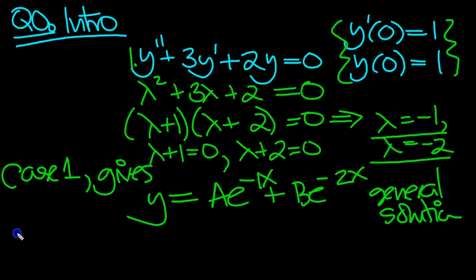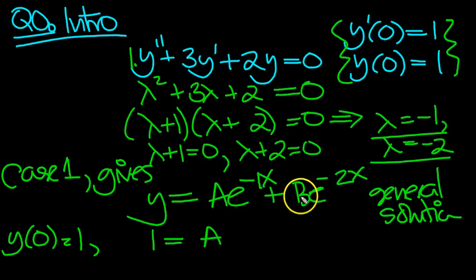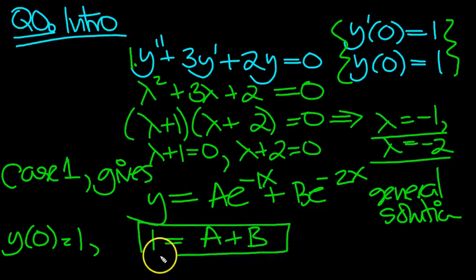So let's do that then here, just by way of example. So y naught equals 1, that gives when x is 0, y is 1. So put 1 in there. X is 0, e to the 0 is 1, so that would be a. And then e to the 0 would be 1, so plus b. And that would be a plus b equals 1. That would be one equation that we have in a and b.